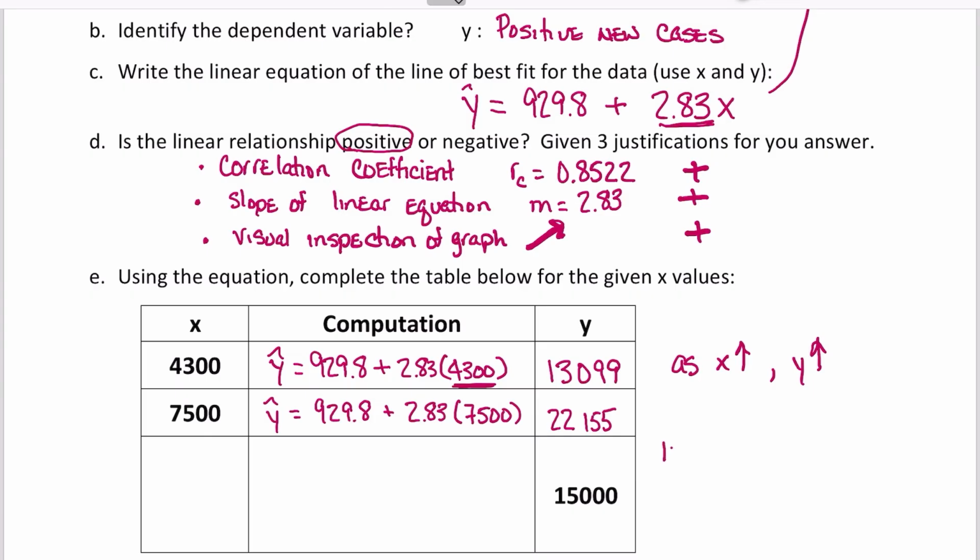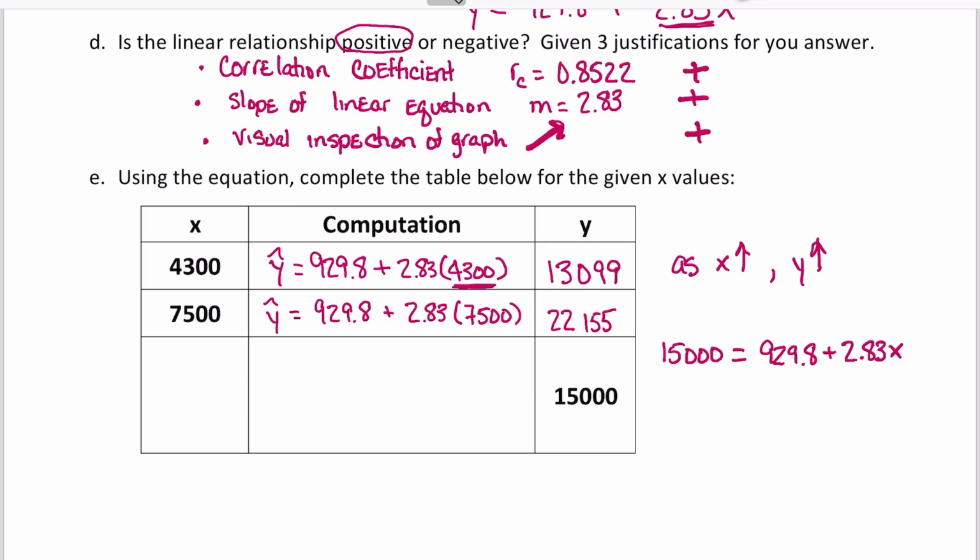So I have 15,000 is equal to 929.8 plus 2.83, and I don't know what x is, so I'm just writing x. When I subtract 929.8 from both sides, I get 15,000 minus 929.8 is equal to the 2.83x.